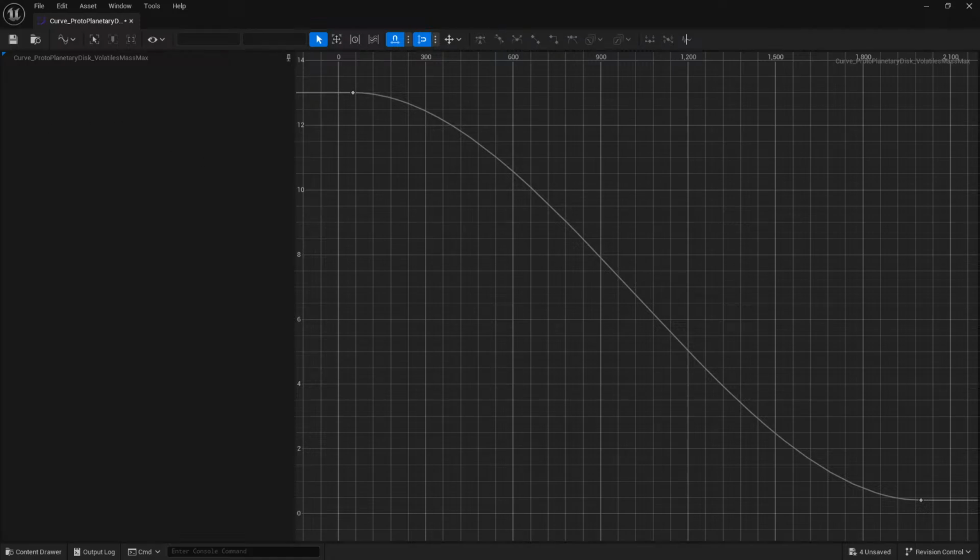Okay. And then the low ends. So that would be 317.8 times 0.41, which is 130 Earths.